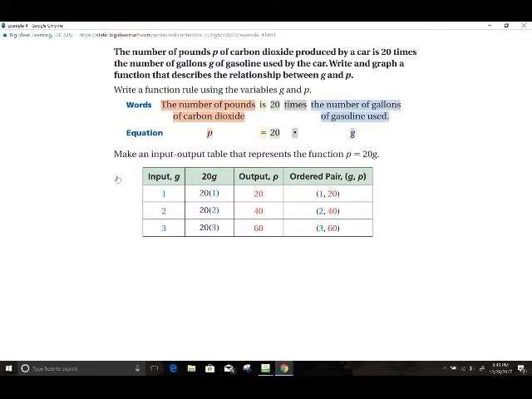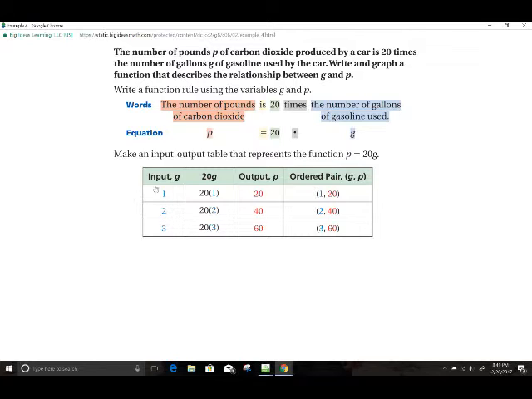So to graph it, I want to make an input and an output table. And you want to use common sense of what your input values are going to be. So if we look at G as the gallons of gas, we're probably not going to use negative values, because you're not going to have -1 gallon of gas in your car, or -2 gallons of gas, right? That'd be a pretty bad car.